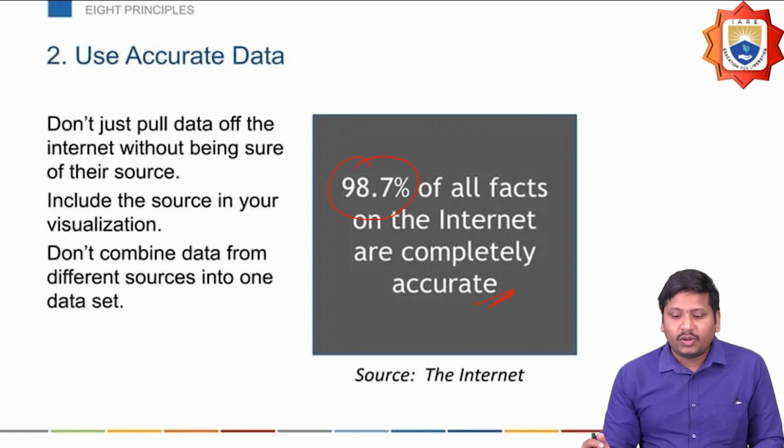We have to include the source in the visualization and not combine data from different sources in the data set. So this is one of the principles: use accurate data.